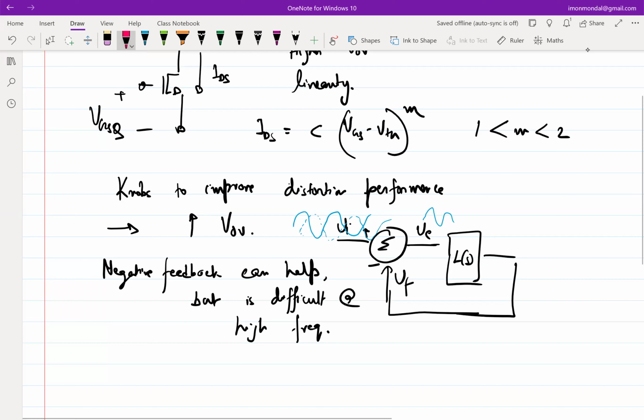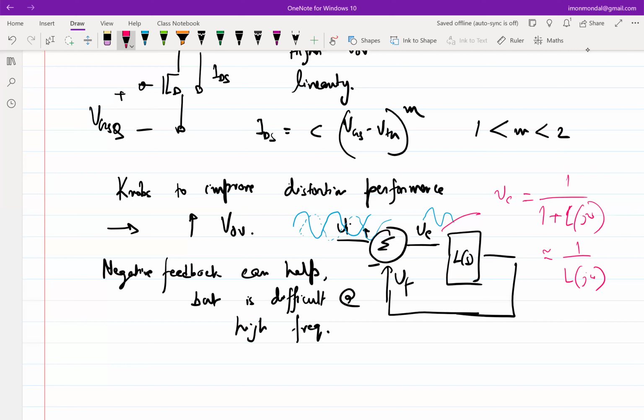VE is essentially the error, right? So this is inversely proportional to the loop gain, 1 plus L of j omega. At your frequency of interest, this is approximately equal to 1 by L of j omega, if your L is sufficiently higher than 1, correct?